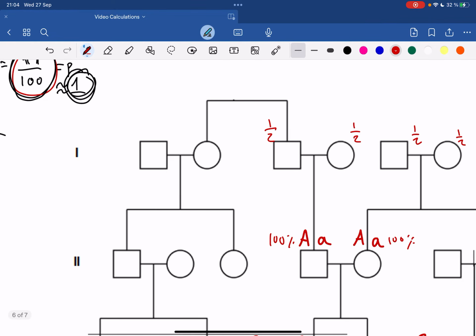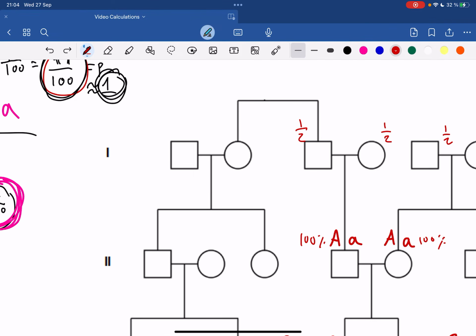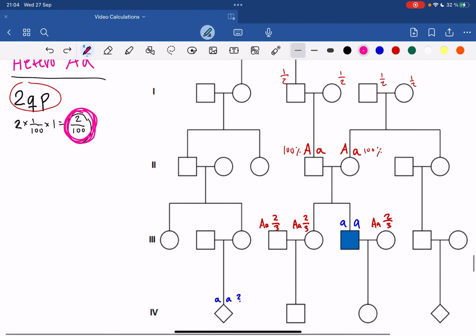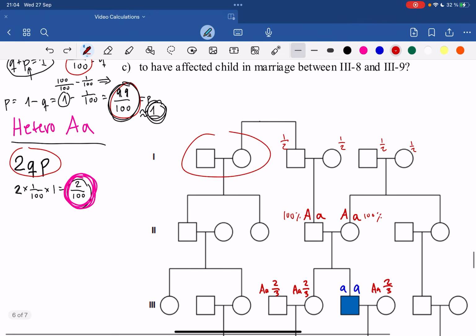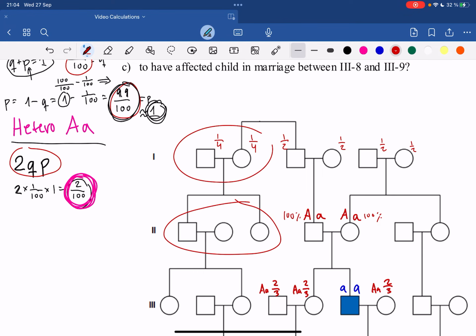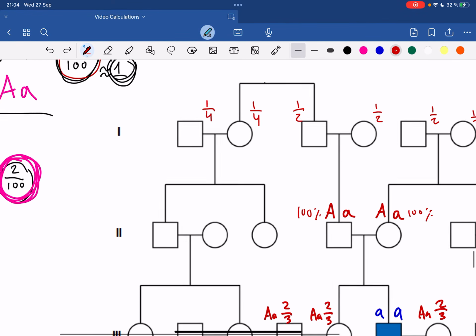But, okay. So right now we're interested in these 2 people, right? So going to these people, they are first degree relatives with these people. So they would be 1/2 of 1/2, which is 1/4. These 3 people are first degree relatives with these people, and they would also be 1/2.